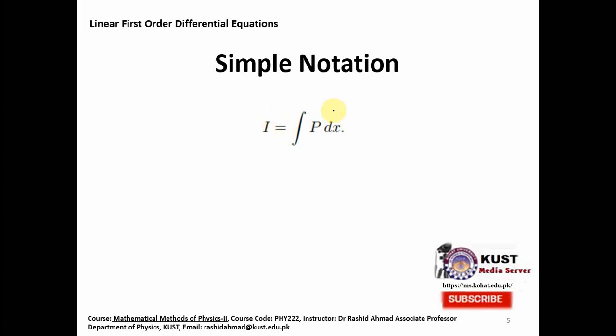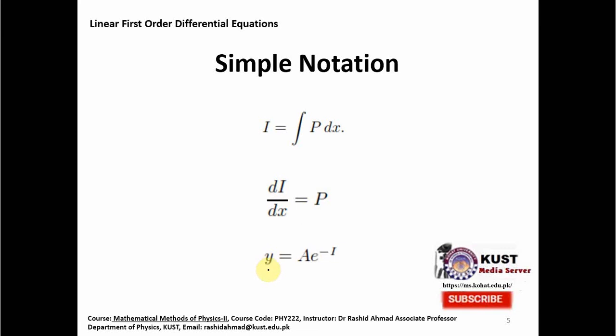It has a special meaning there. And since we also have derivatives involved, the derivative of I with respect to x is equal to p, because if you differentiate on both sides, the integral goes away, and you get p is equal to dI by dx, from this definition.